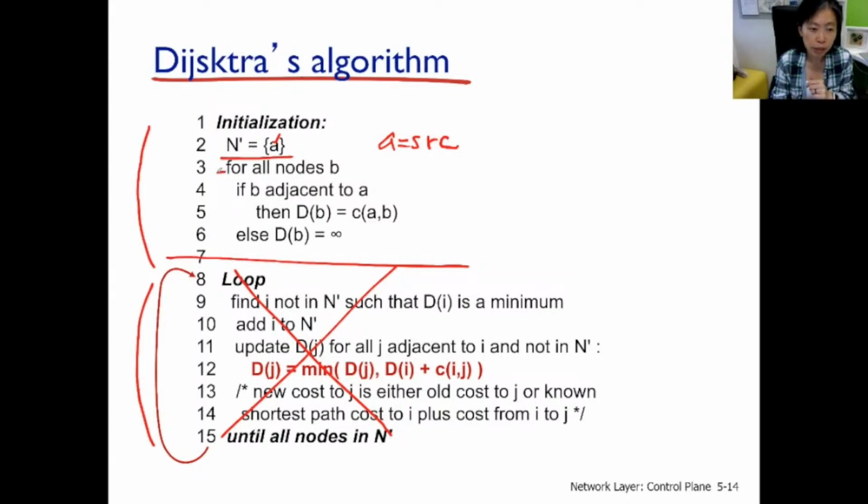Second thing we do is actually a for loop here. Inside the for loop, we'll go through all the nodes in the network other than the source. For each node B, we check whether it's directly connected to the source. If it is, we've discovered a way to go to this particular destination, and the distance to it is the link cost between node A and node B. Now, if the node is not adjacent to A, then it's going to trigger this line here.